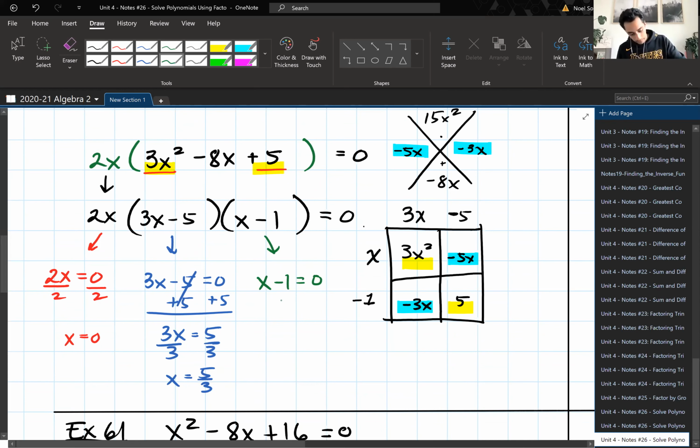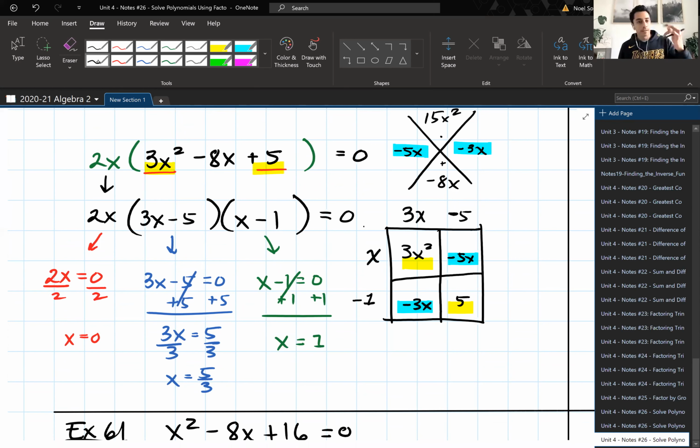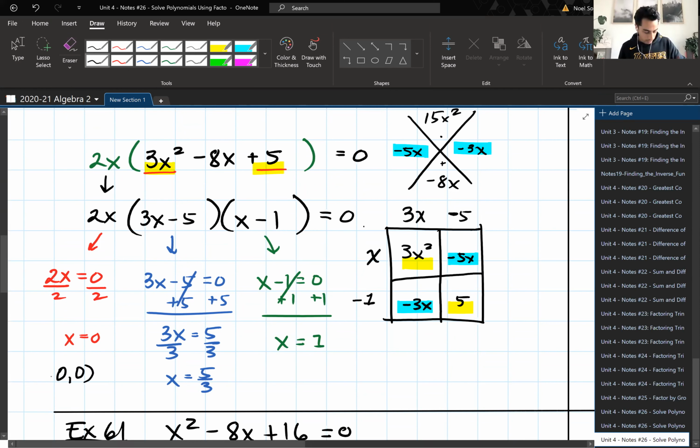And then finally, just add 1. So a lot of these, right, quick mental math, and you can finish them up. So now we have 3 x-intercepts, (0, 0), (5 over 3, 0), and (1, 0). All right, these are my intercepts.